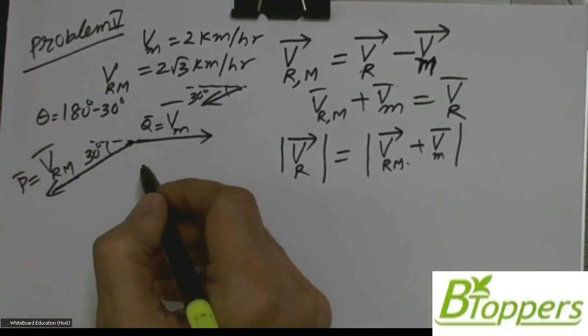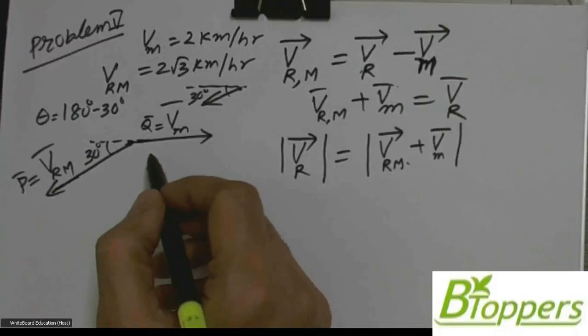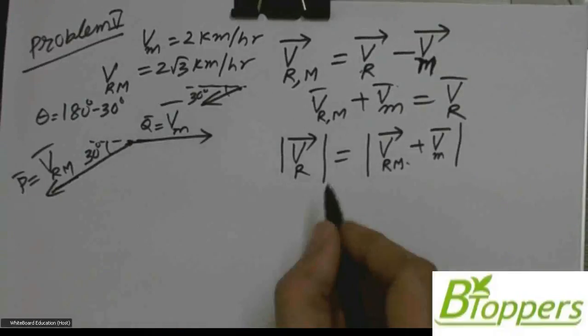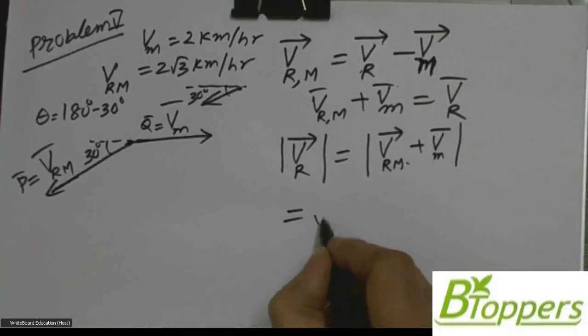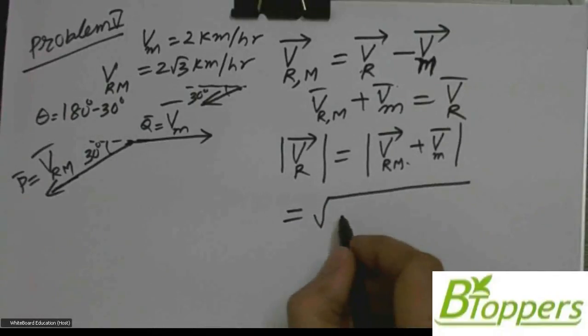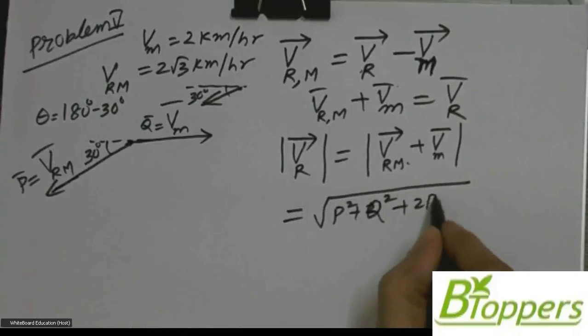The angle theta between the two given vectors is 180 degrees minus 30 degrees. So using the formula for the magnitude of the vector sum of two vectors, root of P square plus Q square plus 2PQ cos theta.